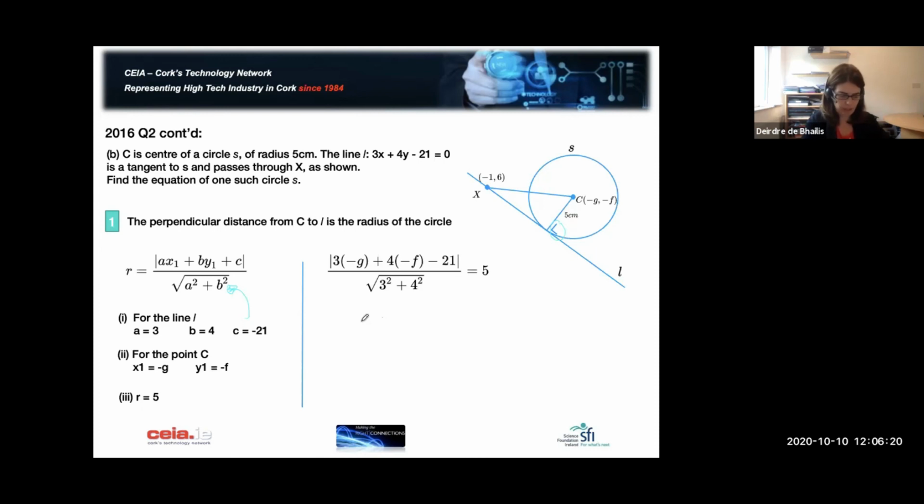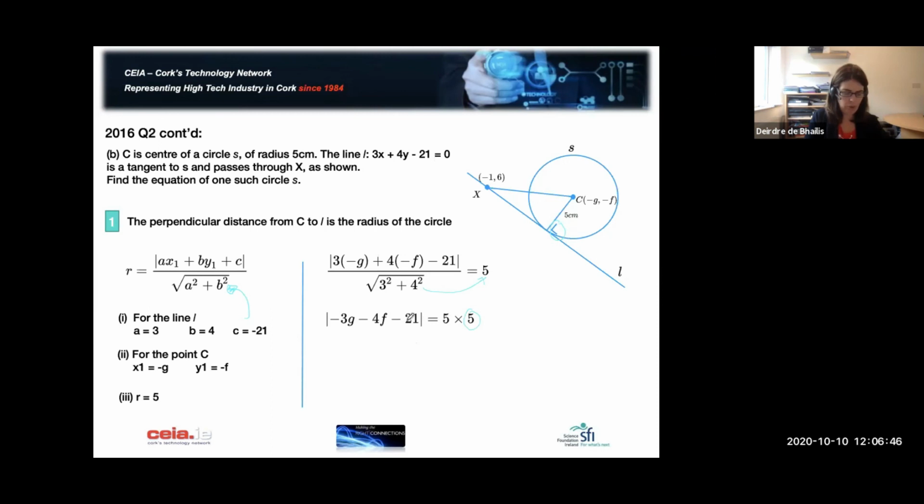And when we work that down, this ends up at the square root of 25, and the square root of 25 is 5, so that's where I'm getting this 5 here when I bring it over to that side of the equation. Here, when I tidy up, I get the modulus of minus 3g minus 4f minus 21.